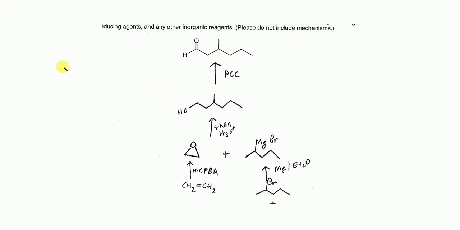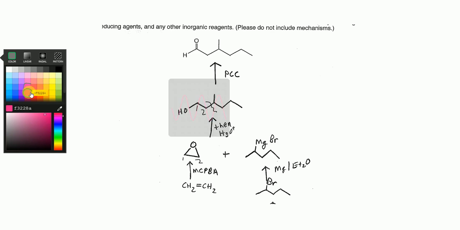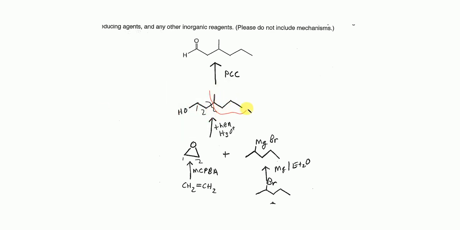So I have this. This is a primary alcohol. The epoxide is 1, 2 carbons long, and this is 1, 2 carbons long. And so that means this was cut right here. And so I'm adding this whole group right here to this guy.